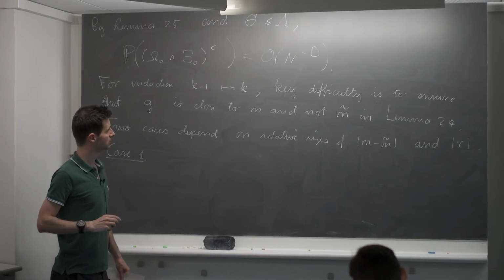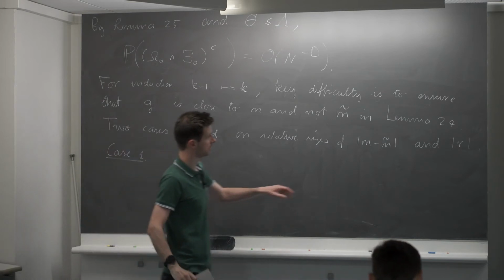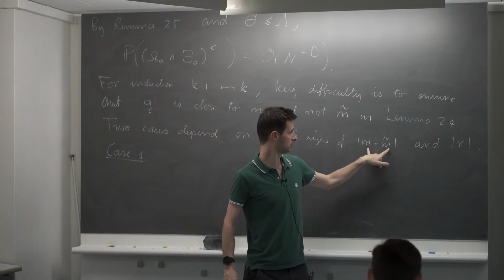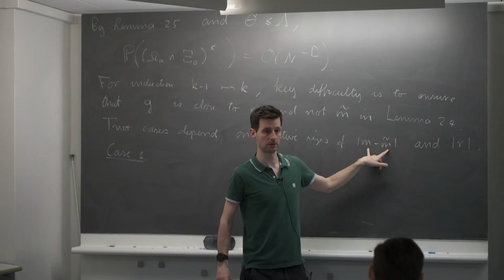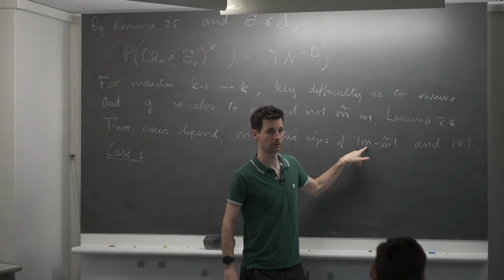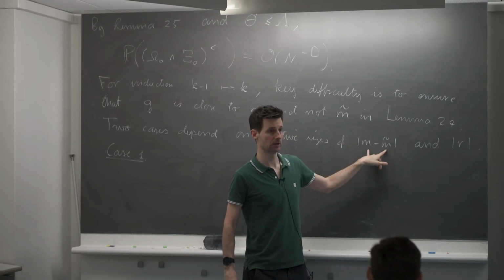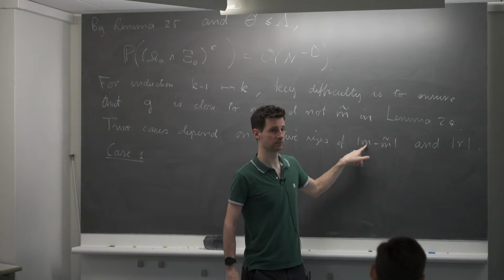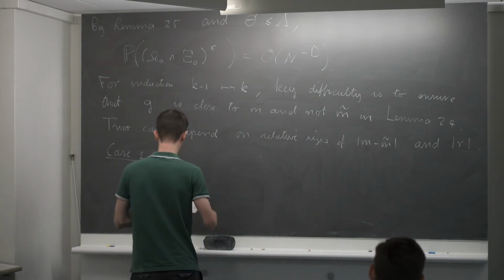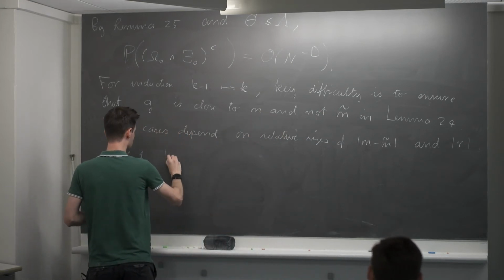The first case is that these guys, m and m tilde, it corresponds to the case we had previously. These two are far away from each other. And I know at the previous step, g was close to that one. I make a small step. These two guys are far from each other, and therefore I cannot jump from the vicinity of one guy to the vicinity of the other guy. That's the philosophy in step 1, or case 1.